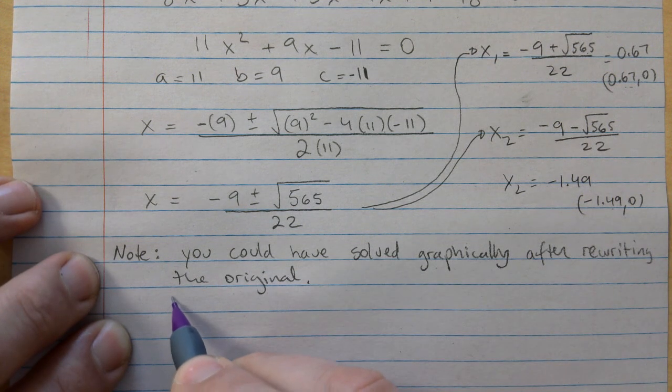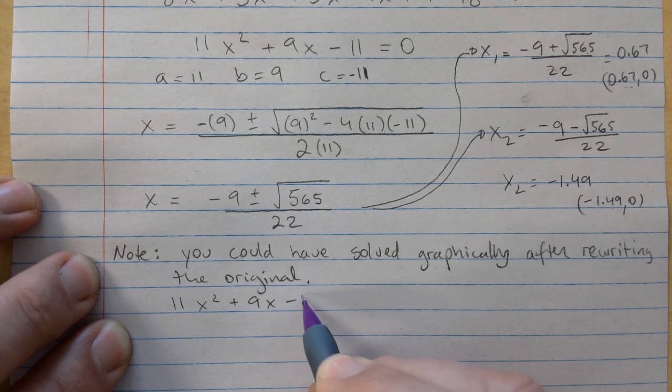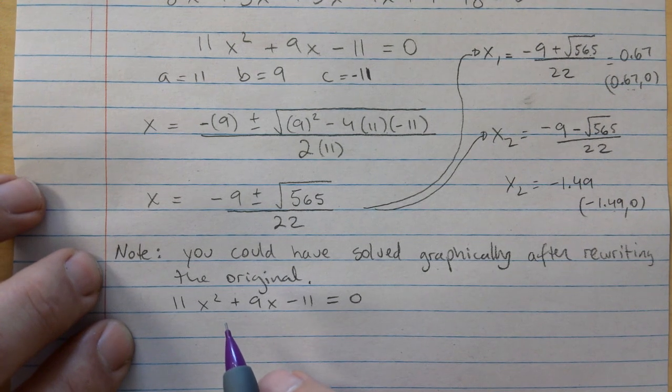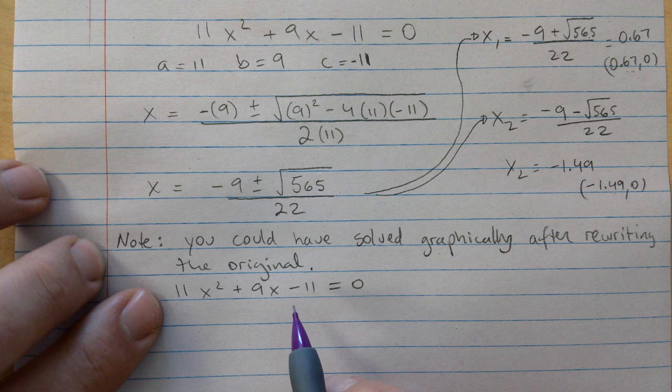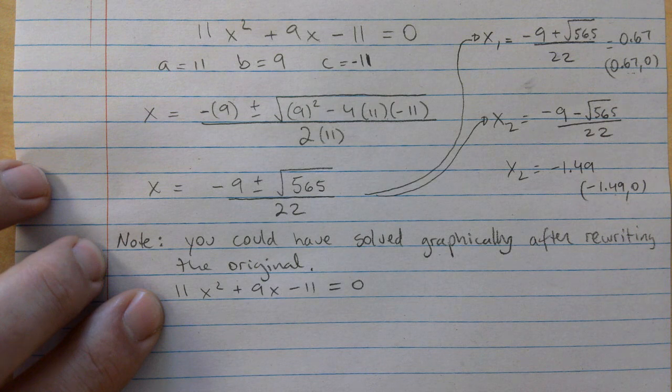And I'm going to show you why this is true. Because I told you that you could solve graphically by rewriting it, or by just leaving it the way it is and typing the left-hand side into y1, right-hand side into y2, correct?